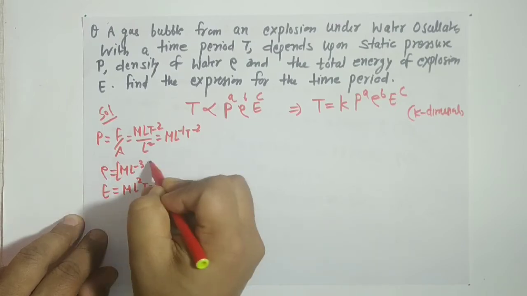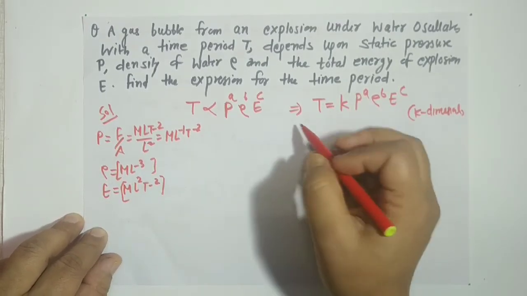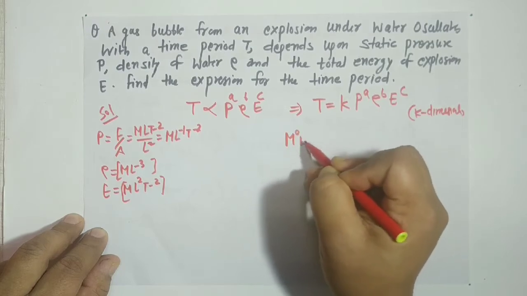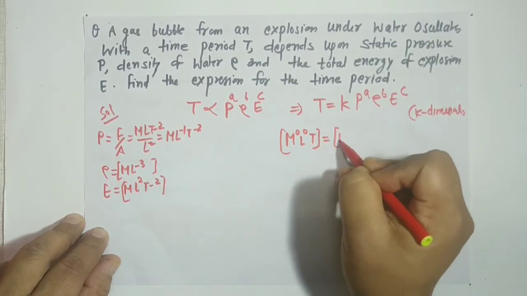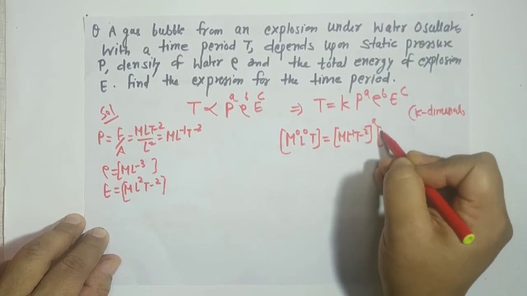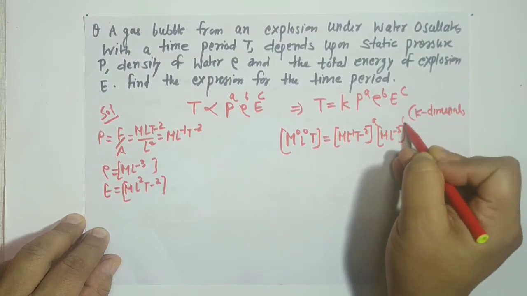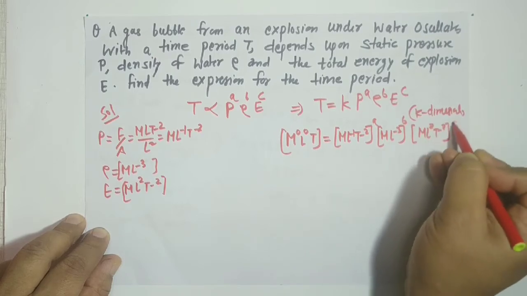So these are the dimensions which we can replace. If I replace, for time it will be M^0 L^0 T, and pressure is ML^-1T^-2 to the power a, density is ML^-3 to the power b, and energy is ML^2T^-2 to the power c. Got it or not?